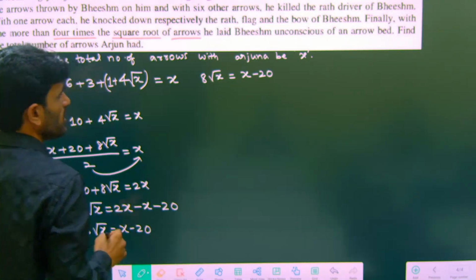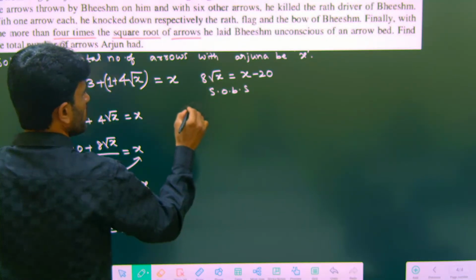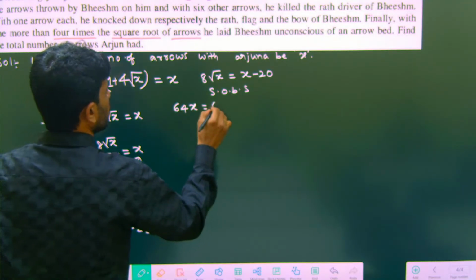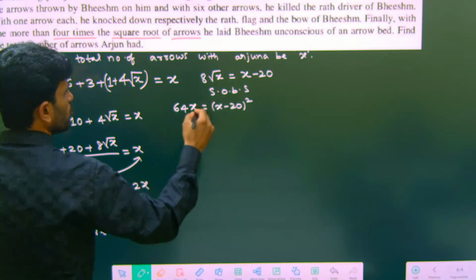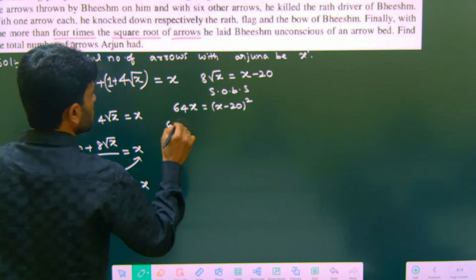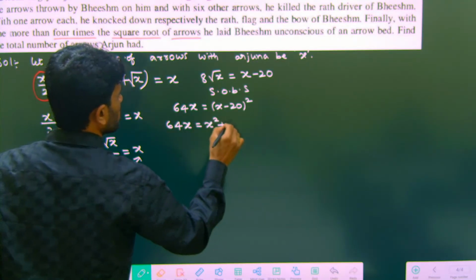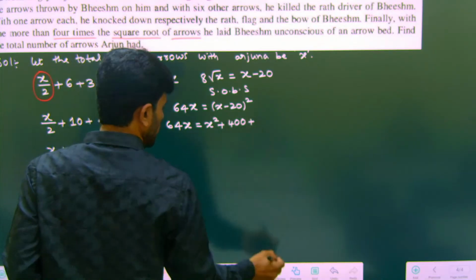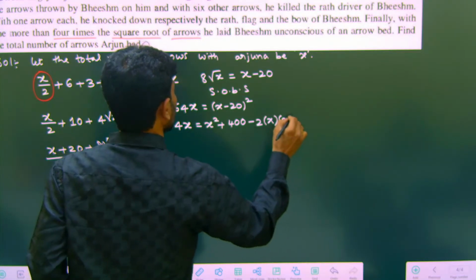We do not want root here, so we will square on both the sides. Then if you square here, it becomes 64x is equal to (x minus 20) whole square. Now we should expand it. 64x is equal to (a minus b) whole square: x square plus 20 square is 400, minus 2 into x into 20.